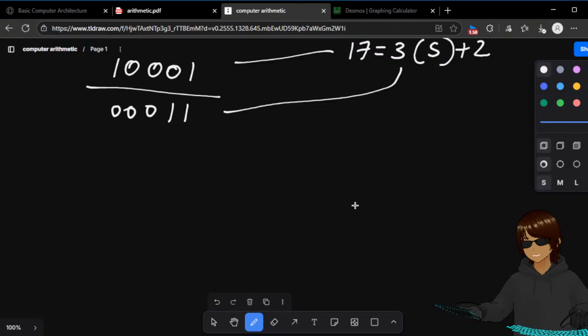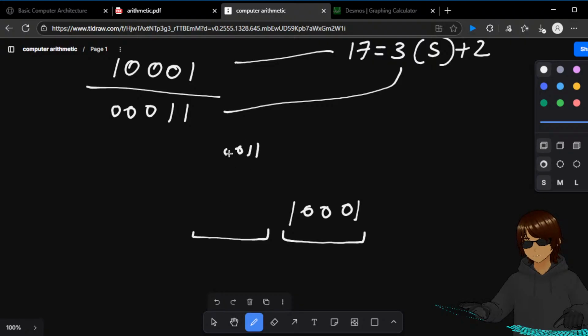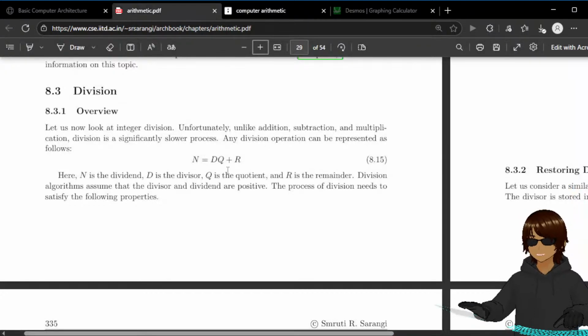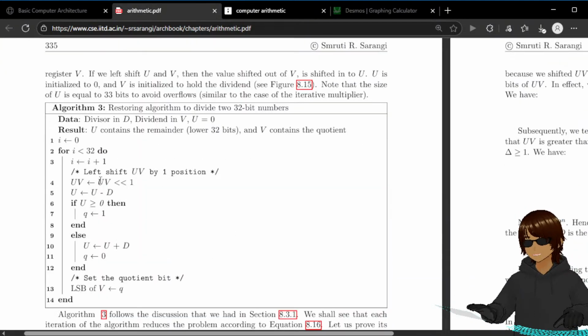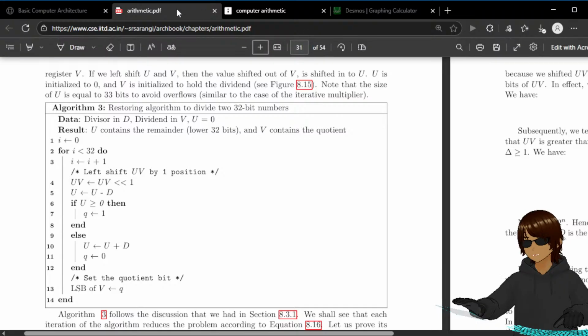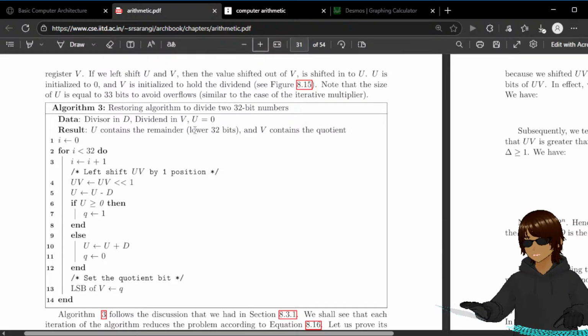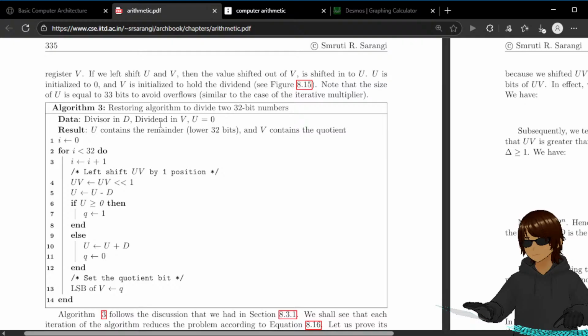So first step is the dividend. This is V. Hold on. This is V. This is U. And the divisor is 1, 1, 0, 0, 0. So let's see. What they're saying is U is equal to 0. U contains the remainder.